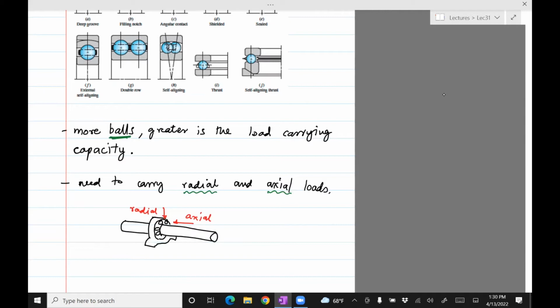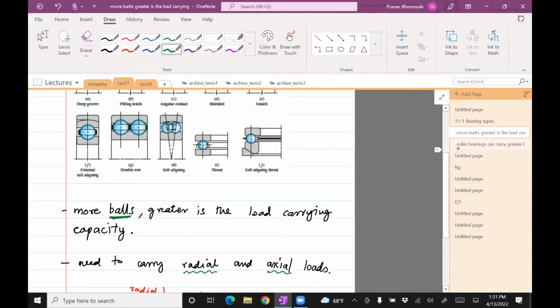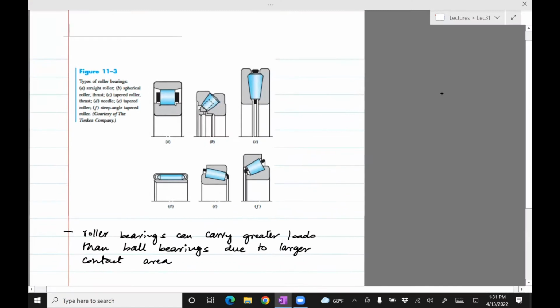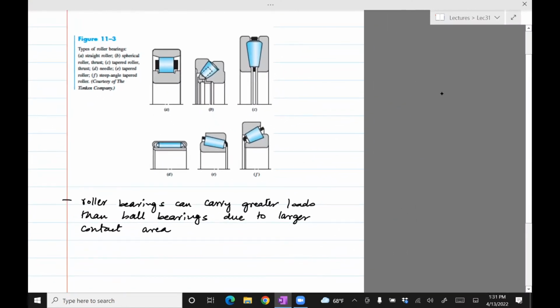Not all bearings will be able to take both those loads. You need to look at the catalog and see which bearing takes which load and how much it can take, and use those values to figure out what bearing you need for your own purposes. These are some examples of roller bearings. In this case, they are not balls, but rollers.